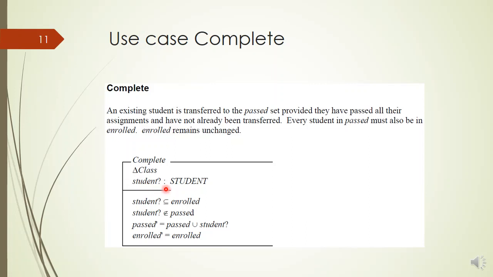And again, an input student to be declared passed, with the question mark, is declared here as an element variable. The passed student must belong to the set enrolled, and the passed student must not already be in the set passed.